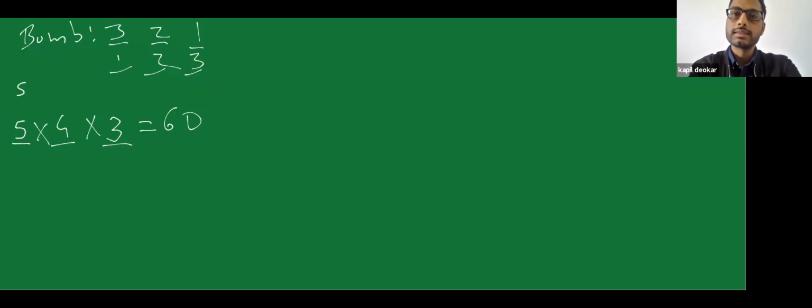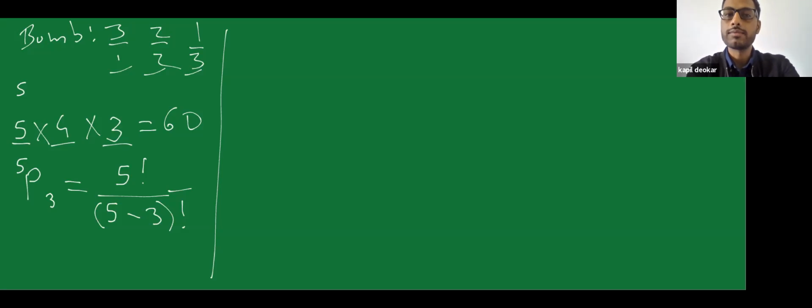You can also solve this by using the permutation formula. So what does the permutation formula say? If there are 5 people and 3 places to be filled, I can use my permutation formula. I have 5 people, so I'll write 5 factorial divided by, I have 3 places, so from 5 I will subtract 3 and then factorial.